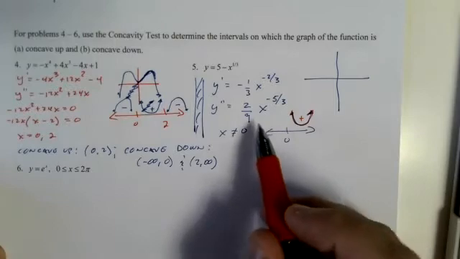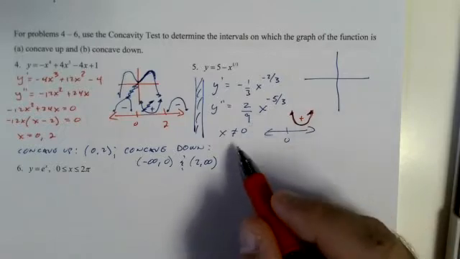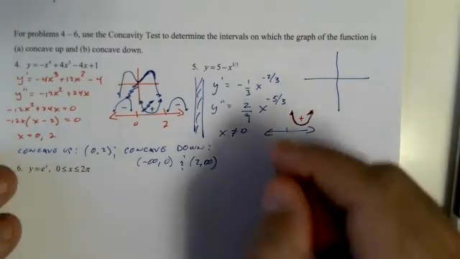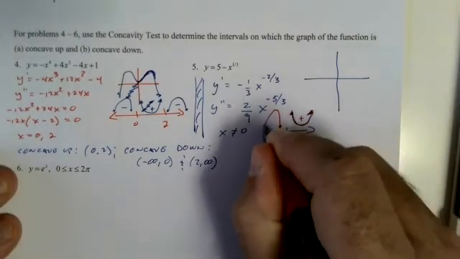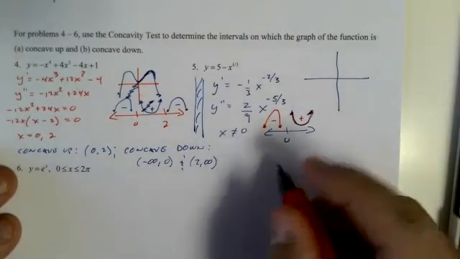Let's try negative 1. So x to negative 5/3 is x over to the 5/3, and negative 1 to a negative 5/3 is going to give you a negative. And there we go, we're done.